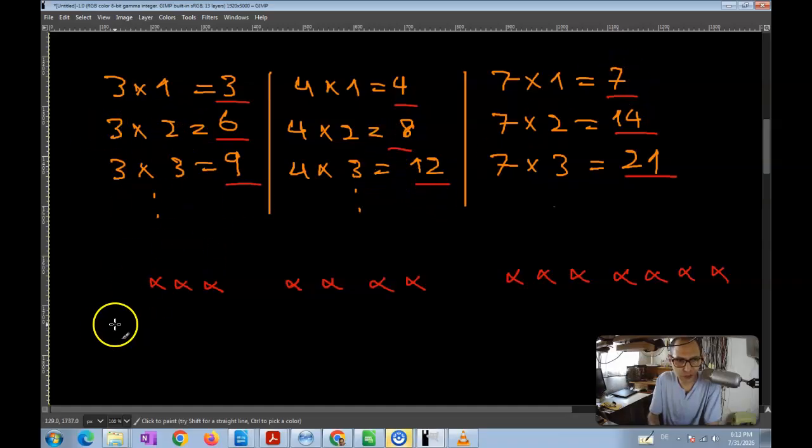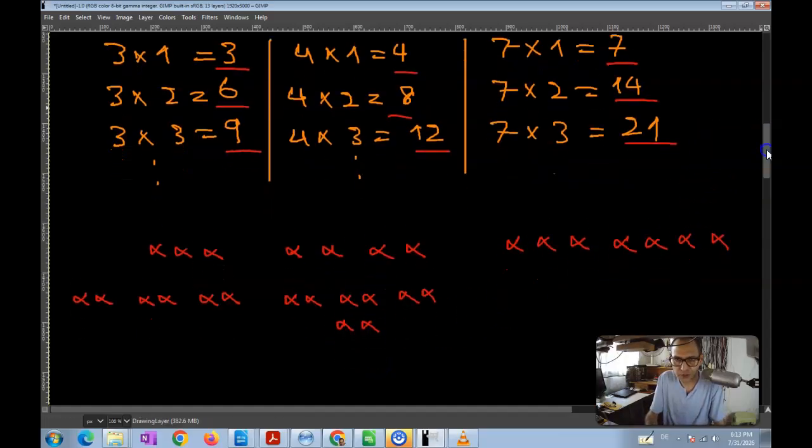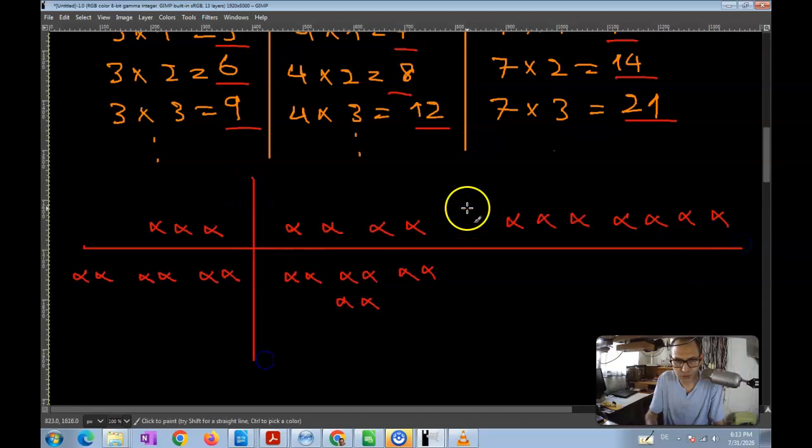When you say 3 times 2, that means essentially 3 groups of 2. So I have one group of 2, another group of 2, and another group of 2. When I say 4 times 2, I have 4 groups of 2. So 1, 2, 3, and 4, right? And when I say 7 times 2, I have 7 groups of 2.